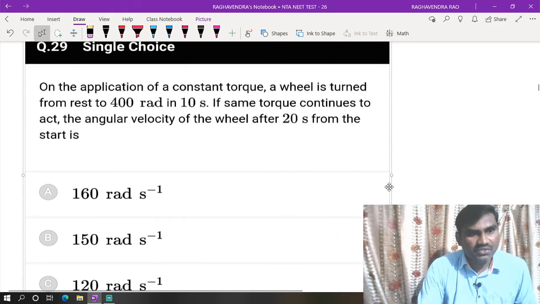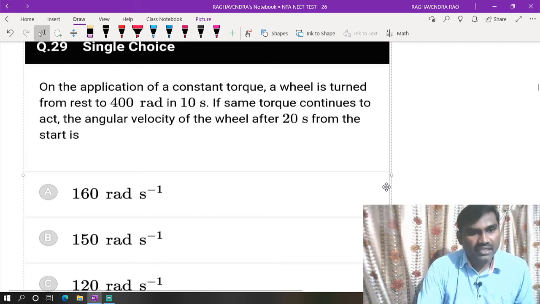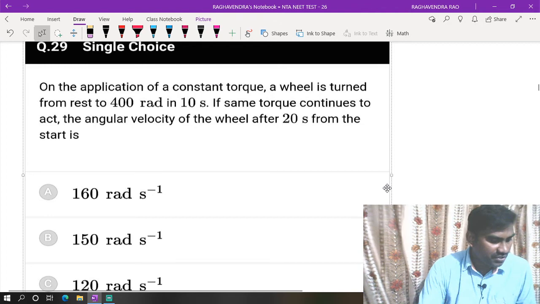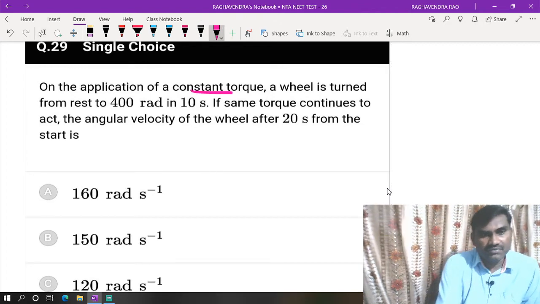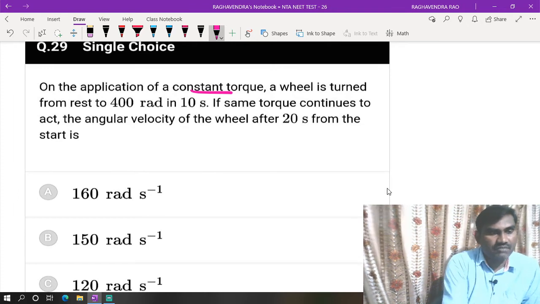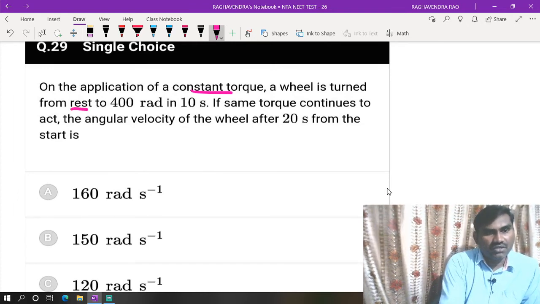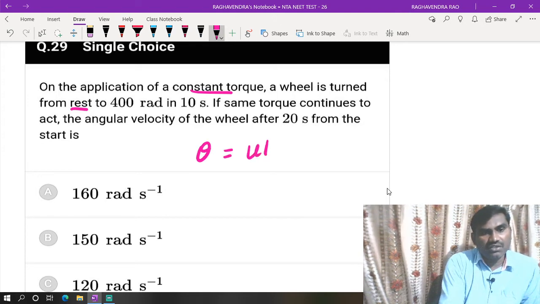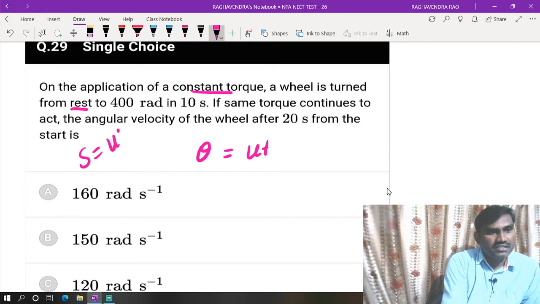This is rotational motion, so as in the kinematic equations, we need to proceed in the same manner. An application of constant torque turns a wheel from rest, so the initial velocity is equal to 0, with radius 10. Now the linear displacement is S is equal to ut plus half at square.